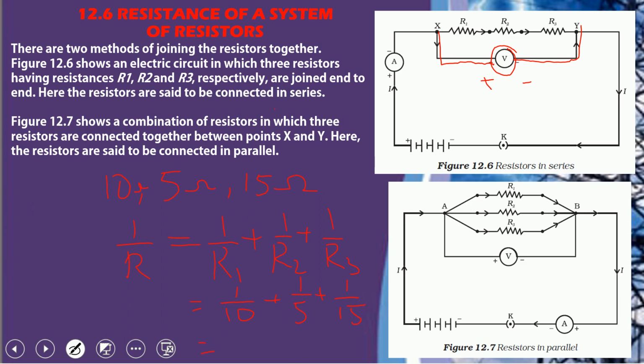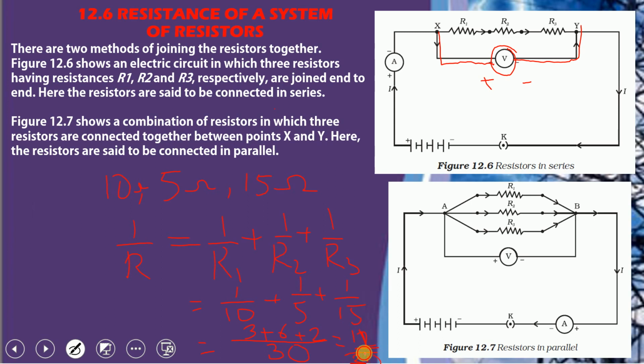How will the common factor come? 5 is common, here 2, 3, correct? 2 times 3 is 6, 6 times 5 is 30, correct? 30 is there. Now what will come here? 3 will come, plus here 6 will come, plus here 2 will come. So which is equal to 11 upon 30.